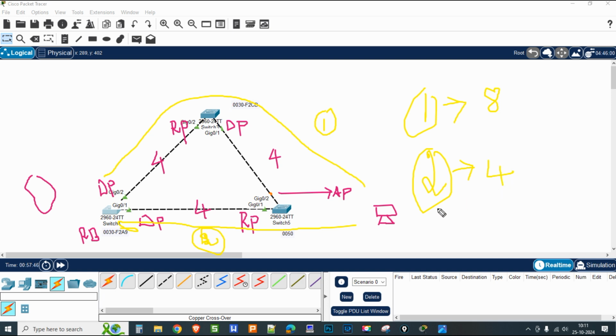It prefers that path, then it blocks the remaining path. So that's why it becomes the alternate port. It blocks based on the internal path cost calculation. So that's why it becomes the alternate port. Then the fourth election process is the alternate port.